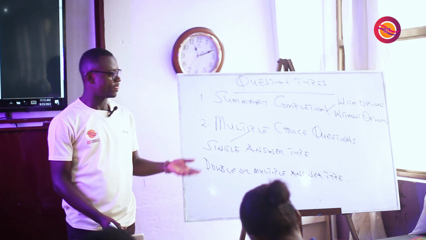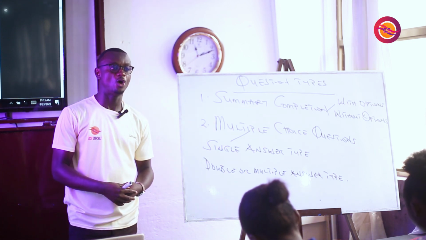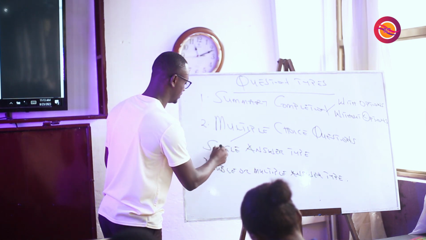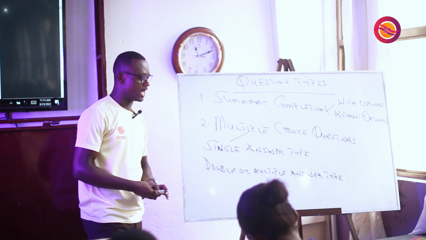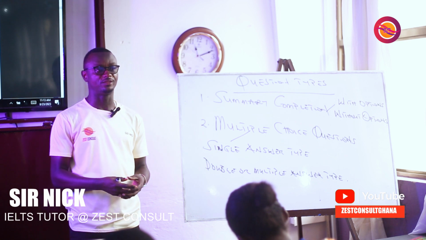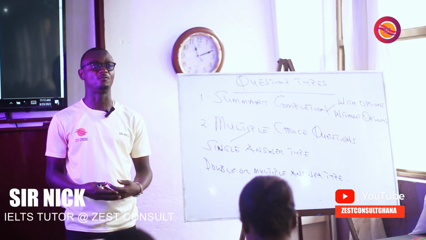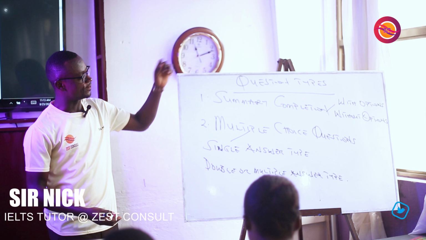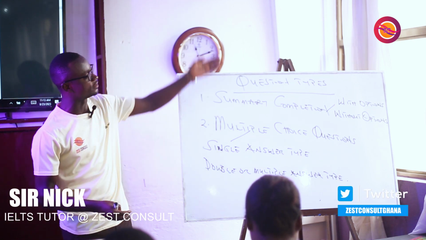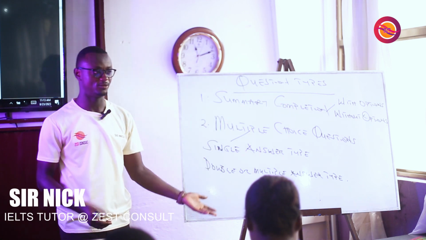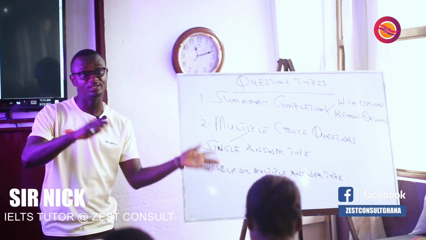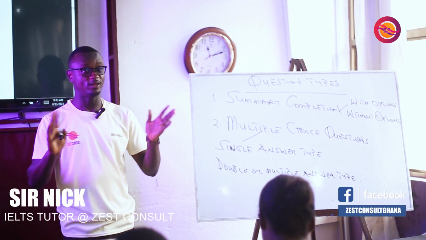So the multiple choice questions also come in 2 forms, the single one and the double or the multiple answer variations. These are the 2 question types that can be obtained from multiple choice. Now for the summary completion, we have with and without options. So today we are going to look at 1, 2, 3, 4 question types. That is why I gave you 2 sheets each. Yes or no? Yes.